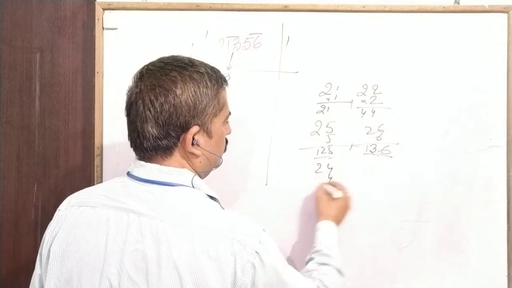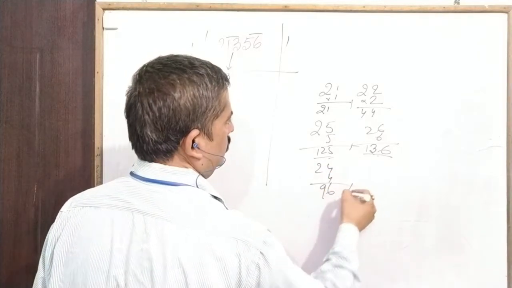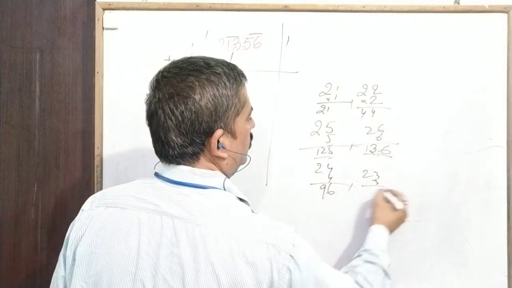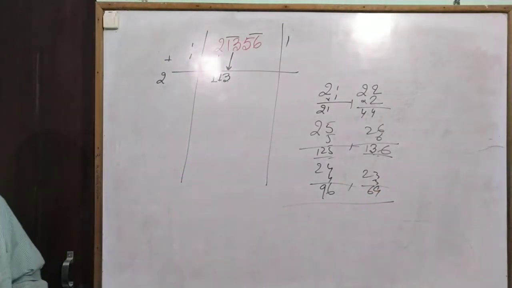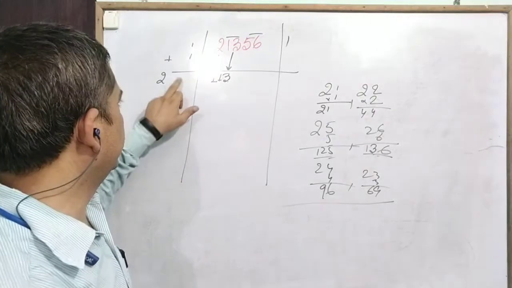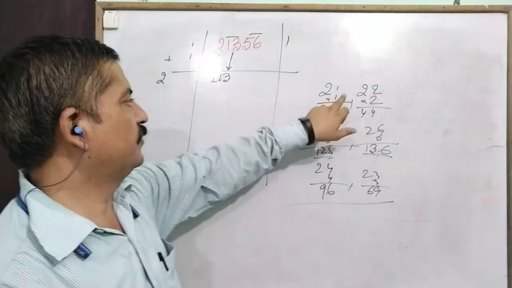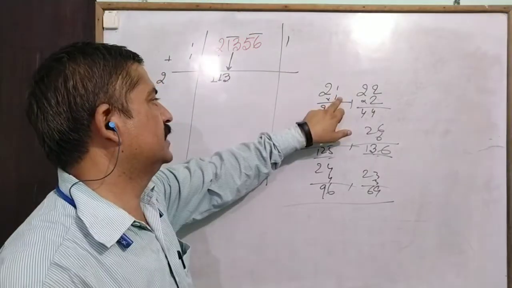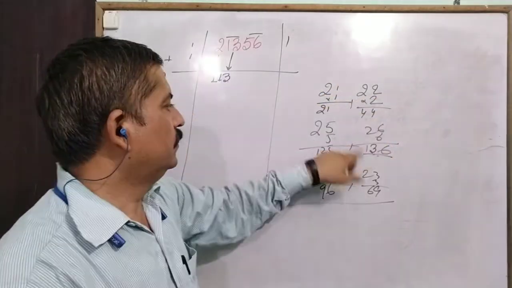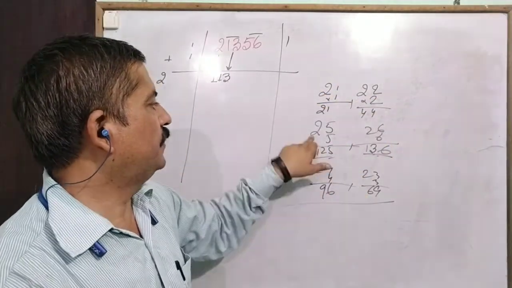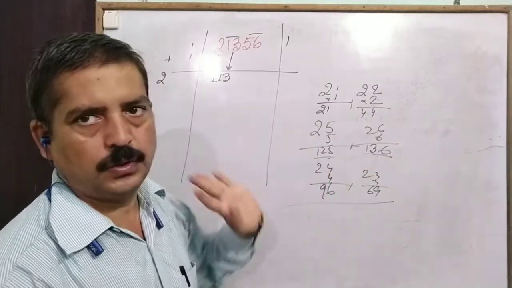So 4. Means which number you just multiply. If you multiply by the 1, we get that format: 2, 3, 4, 5, 6 and so on.